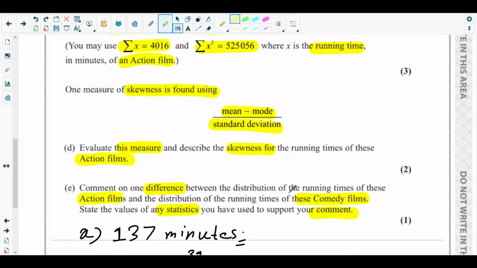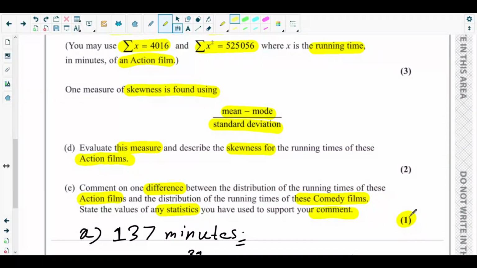For commenting on the difference, we focus on the measure of spread and the measure of location of the two data sets. But since this question is only for 1 mark, we need to only comment on the measure of location. So we can comment on mean, mode, median.